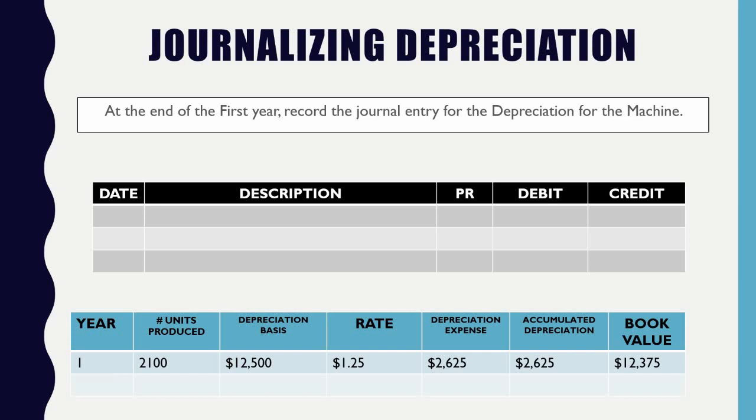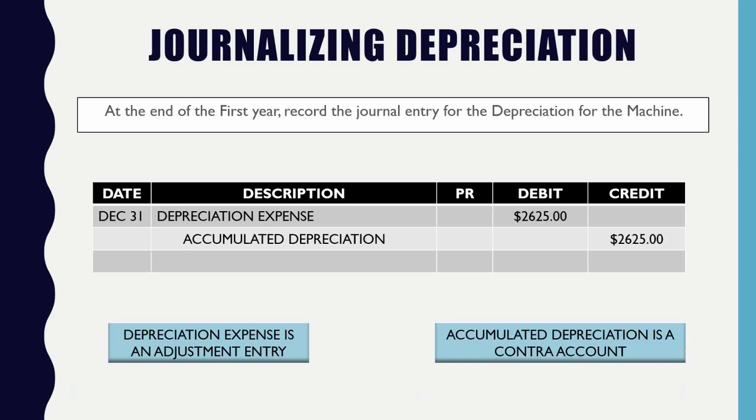Now, the second thing you're going to be looking at is a contra account. This contra account is called accumulated depreciation. Once again, it is the contra account to the actual fixed asset, because what do we know? GAAP says that you can't just write your cost right off the actual asset.